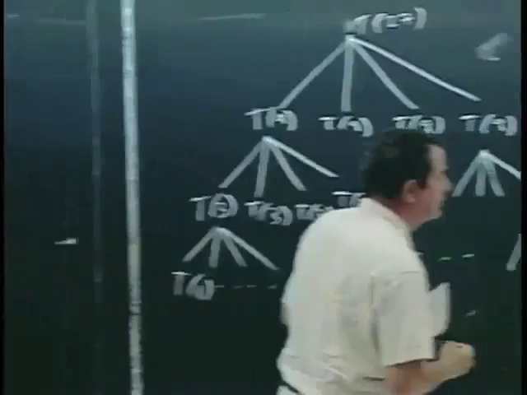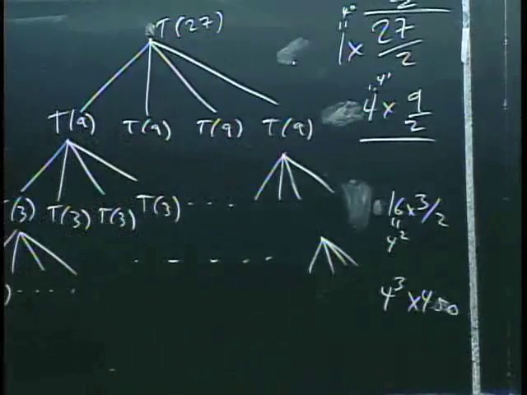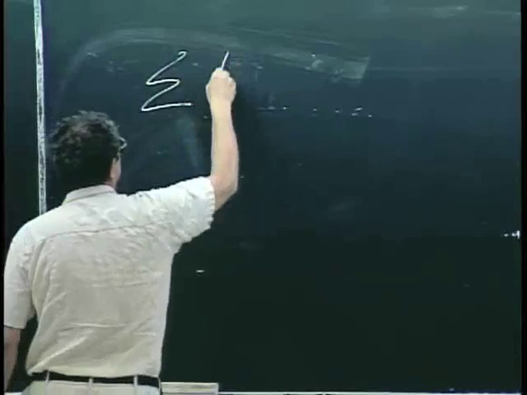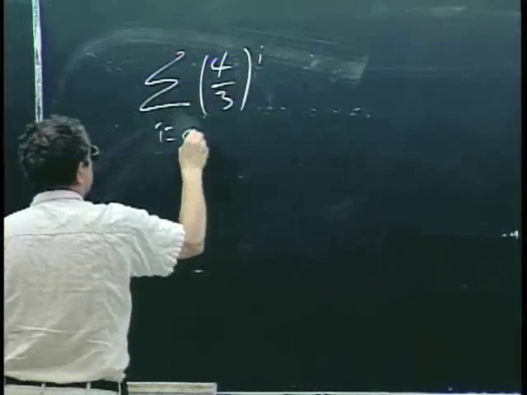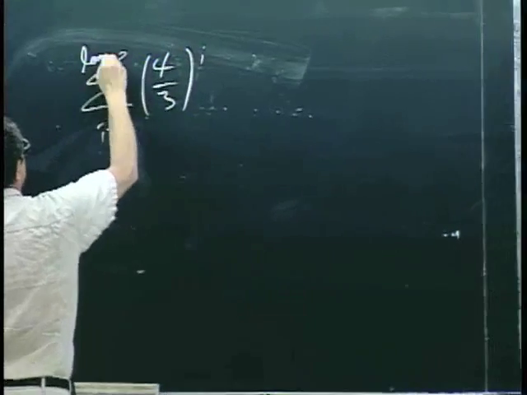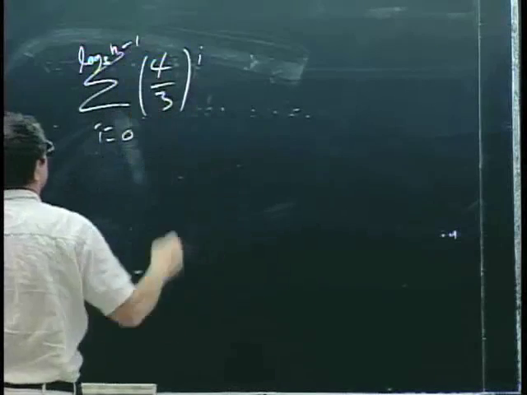So we've got the summation of (4/3) to the I, I equals 0 to log base 3 n minus 1.